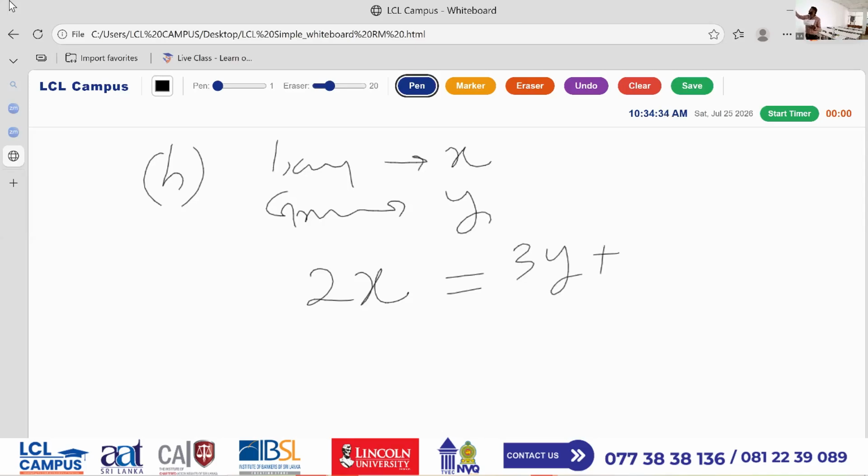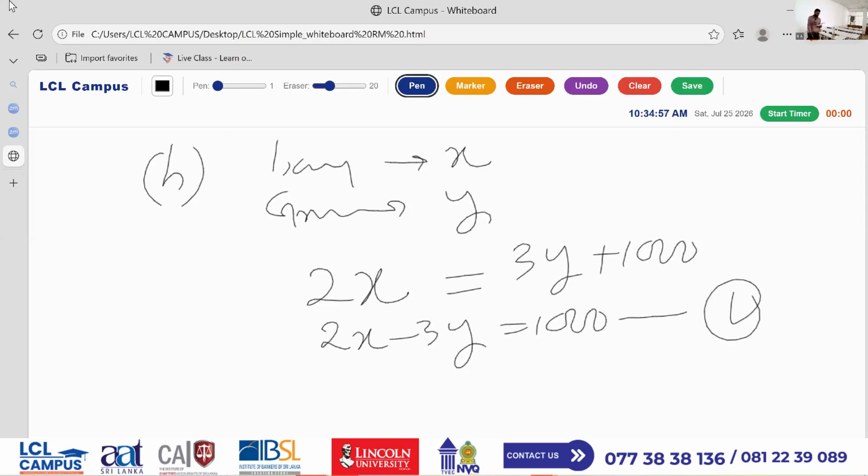They have directly given that the price of the costumes of 2 boys is 1,000 more than the price of 3 costumes of girls. Then take 3y to this side: 2x minus 3y equals 1,000. That is equation number 1.